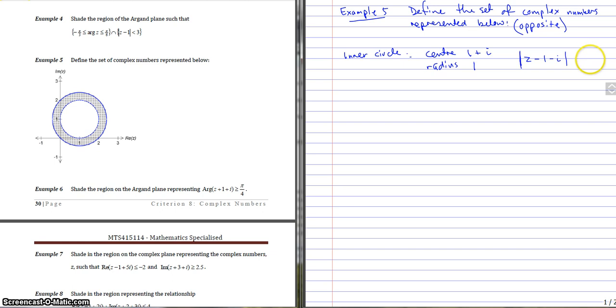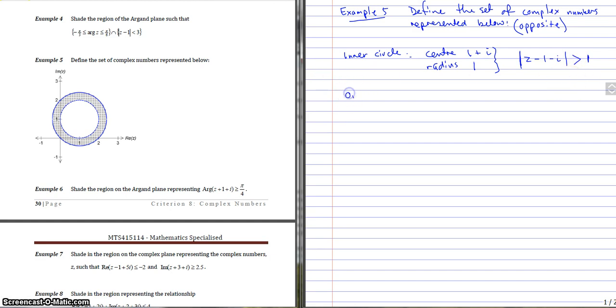Our radius is 1, so we have a 1 there. But the question is, what inequality sign do we use? Well, it's dotted here, so we know it's either less than, or greater than, with no equals there at all. Because it's shaded on the outside of the circle, it's greater than. So it's greater than 1.